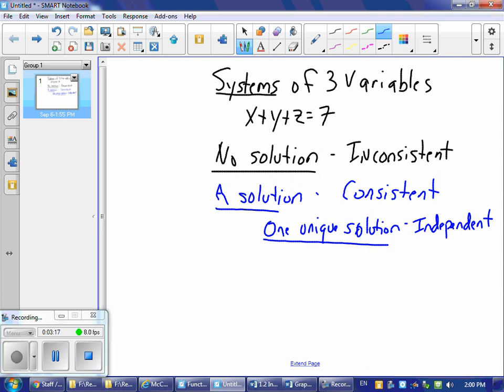You could also have an infinite number of solutions. And if that occurs, those are called dependent.